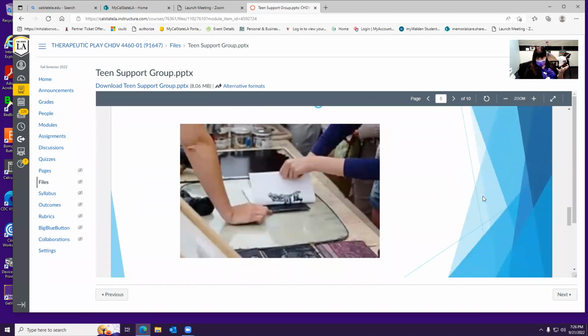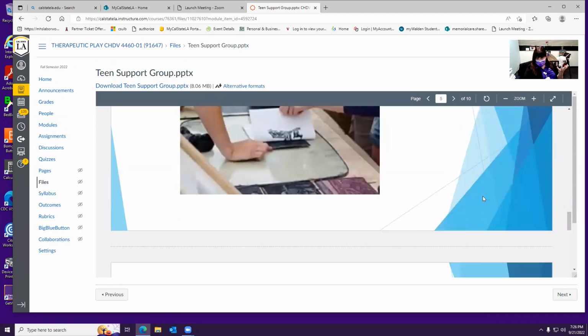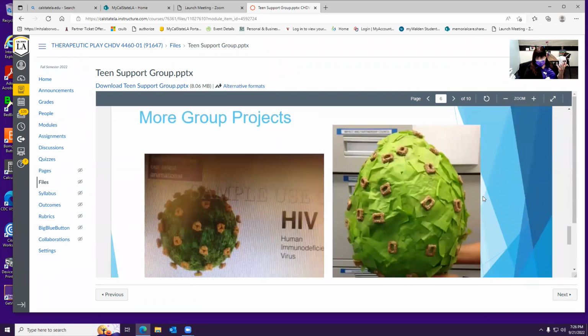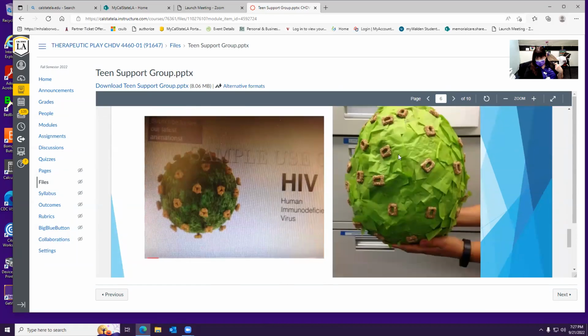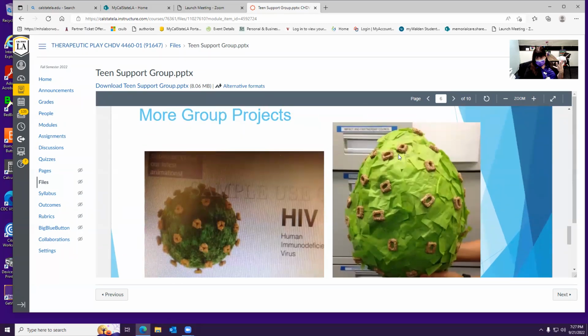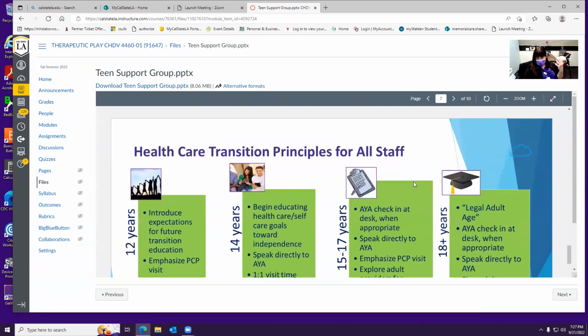We've done printmaking in an art studio. And this is a picture of our piñata. These are cereal pieces, and they look just like the little receptor sites on the actual HIV cell. So this is what we hung from a tree, and then they destroyed it.